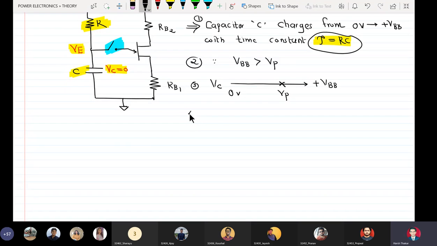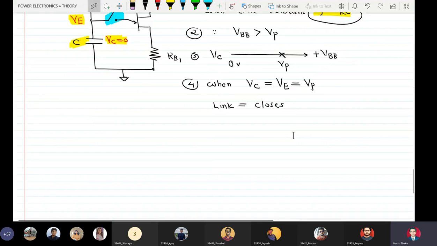The fourth thing which happens is that when the capacitor voltage, which is equal to the emitter voltage, becomes equal to Vp, the link closes. Link will now close.